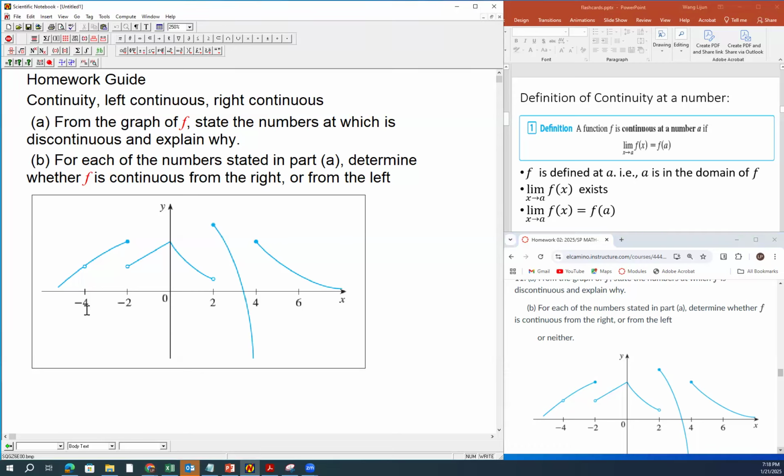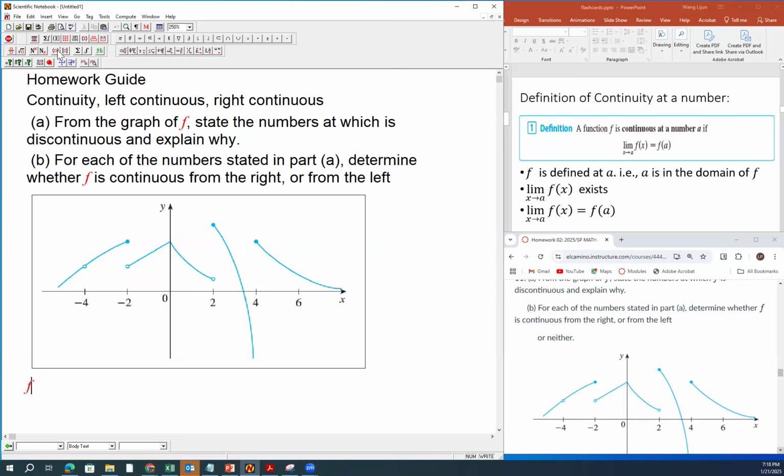You can see at point -4, the function is not defined at -4. Look at the first sentence: f is not defined at a point. If it's not defined, then it is not continuous.